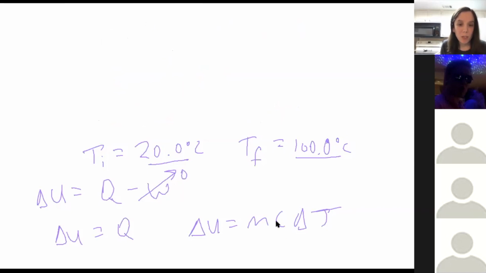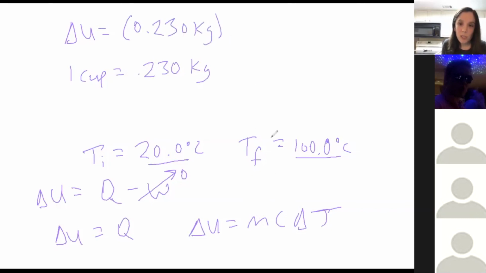We'll plug in the values we've been given and solve for delta U. So we know the mass of the water. 1 cup of water, you don't need to know this, has a mass of about 0.23 kilograms. So that's just given to us in the problem. So that goes in for mass of the water. C of water, look up on page 318 and find it.